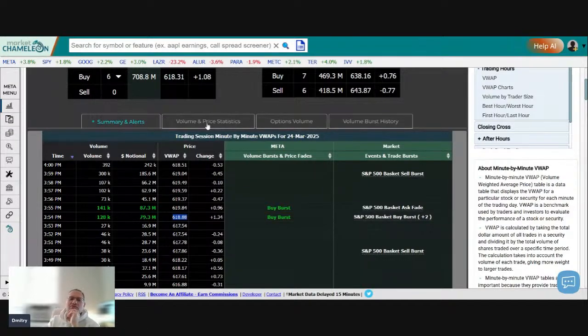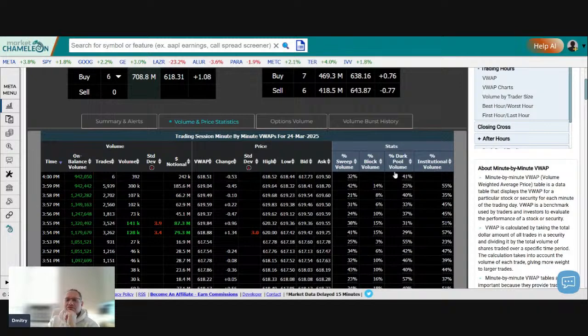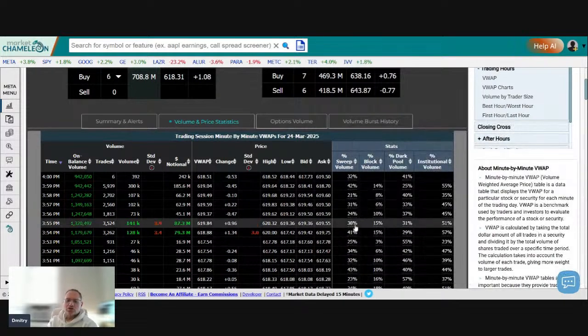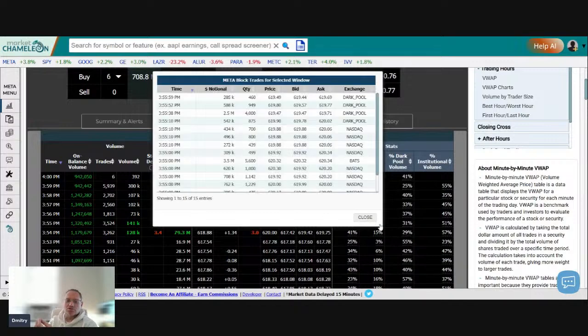So we could look at the volume stats, come here and just see the breakdown. From 355, we could see how it traded. You could see 31% of the volume was in the dark pool here, 29 here. We could even click on it and see the breakdown of that. 38% of the volume was sweep volume. 15% was what we would call large block trades.